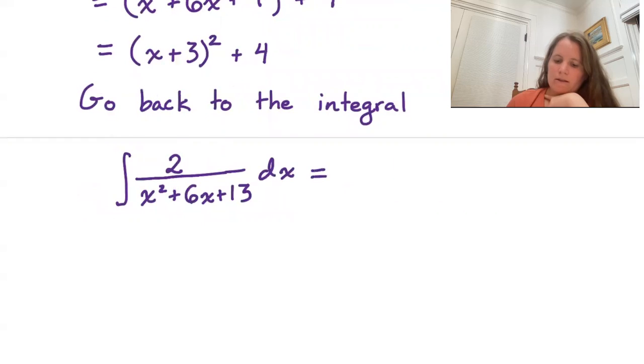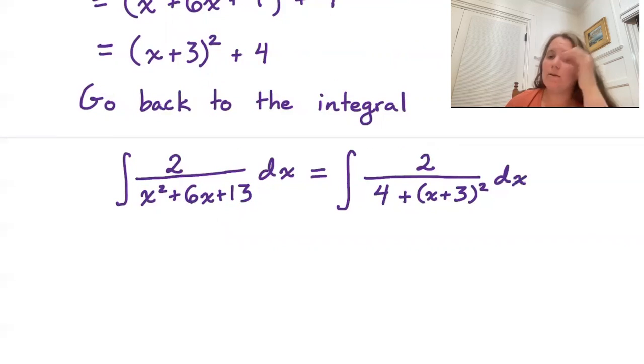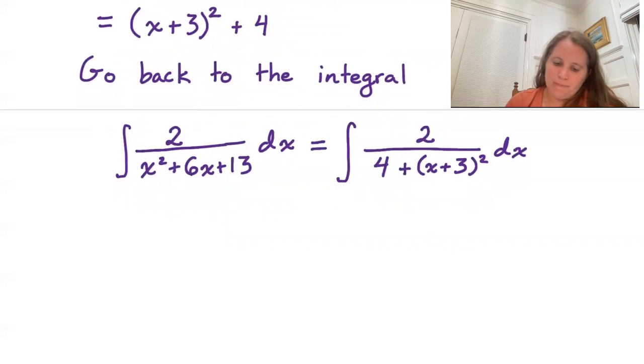And we find that this is the same thing as taking the integral of 2 over, I'm going to rearrange this as 4 plus x plus 3 squared dx. Now we could use the rule that if we have 1 over a squared plus x squared, we know the integral, or we can do a little manipulation again.